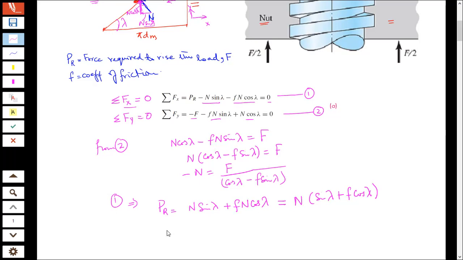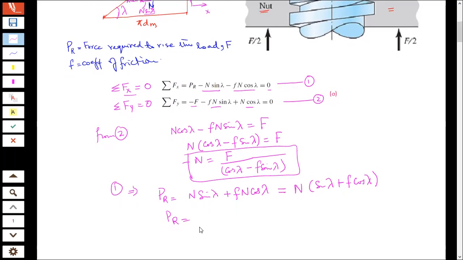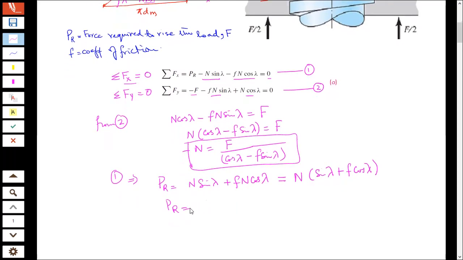Okay. And now I can put the value of n from this equation over here, and my PR is going to be f times sine of lambda plus f cos of lambda divided by cos of lambda minus f sine of lambda.